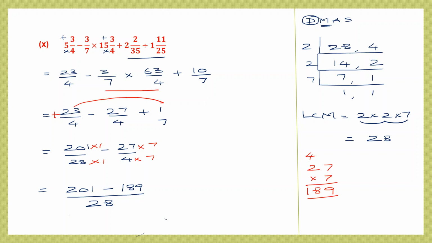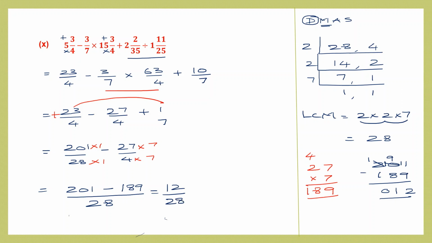201 minus 189. Now we need to borrow. So this is 1. This becomes 10 and 9, 11. 11 minus 9 is 2. 9 minus 8 is 1, 0. So that is 12. So here what do we have? 12 by 28.